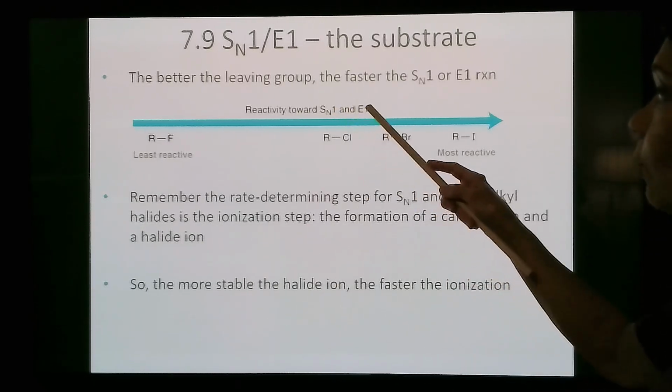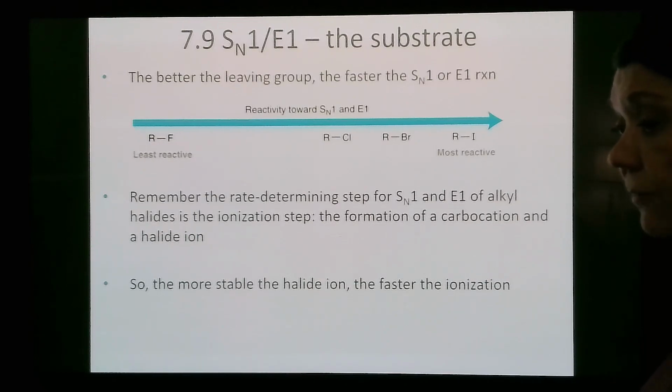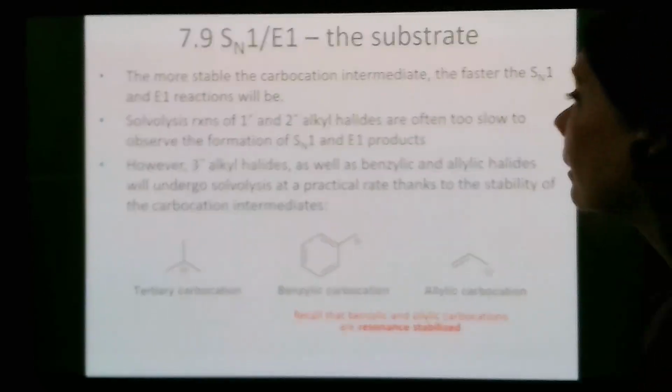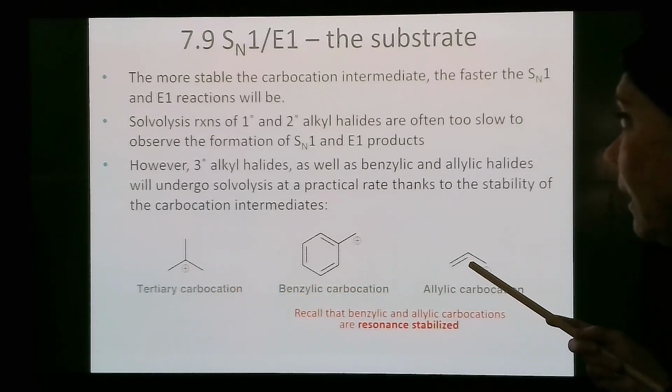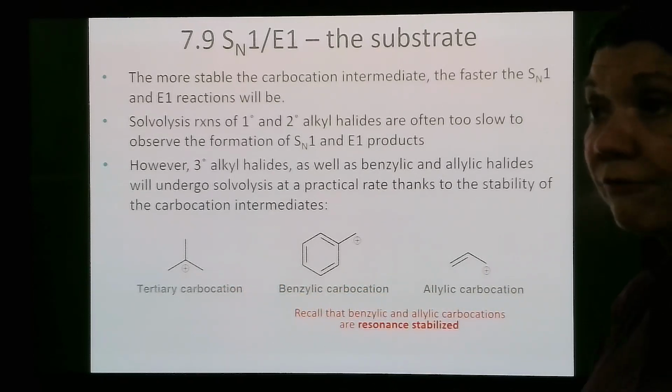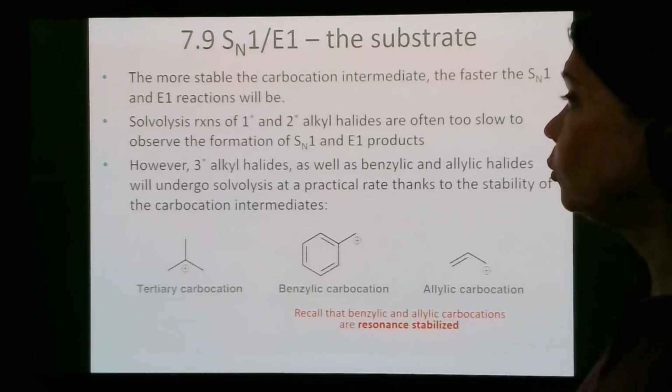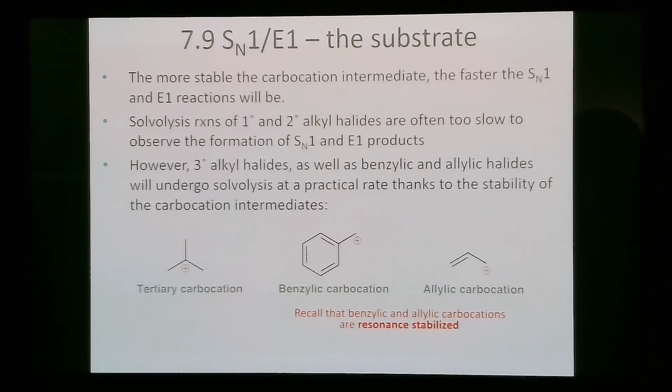Whether you're talking about SN1 or E1, it's the same thing. The more stable the carbocation intermediate, of course, it's the same analysis, because the more stable the carbocation intermediates, the easier they are to form, and the faster the reaction will take place.